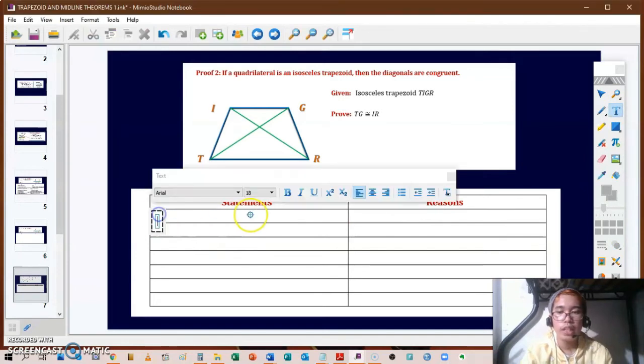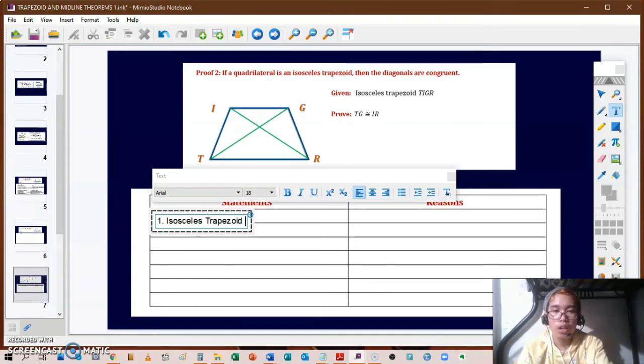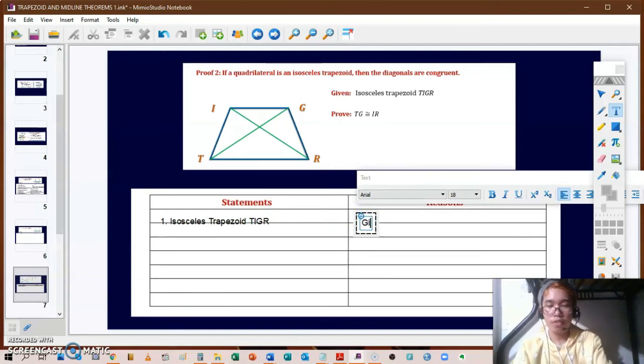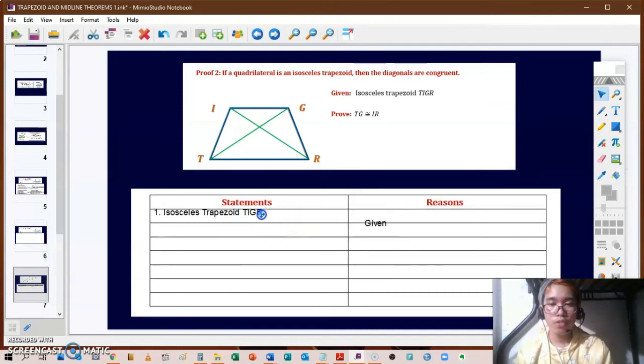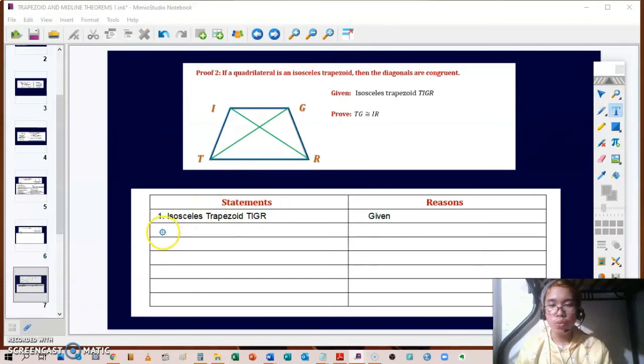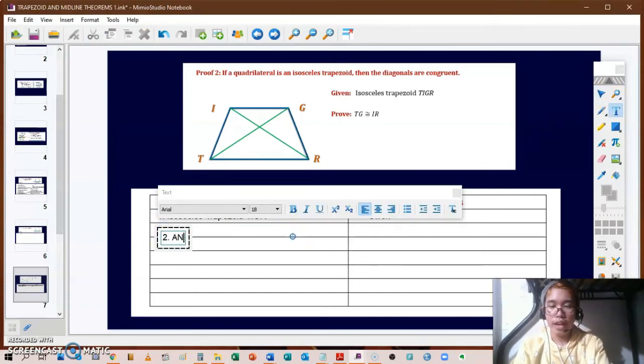So we can write here for our first, given that isosceles trapezoid TIGR. Okay, so that's simply a given. And what do you think, guys, can be our second statement here? For number 2, we can write here angles ITR and GRT are congruent.